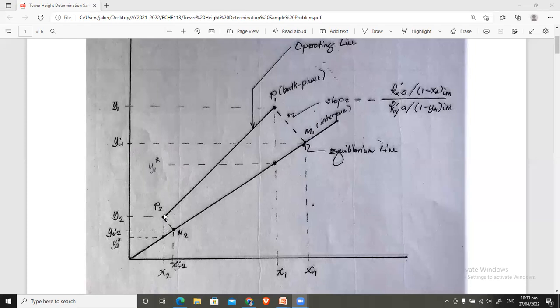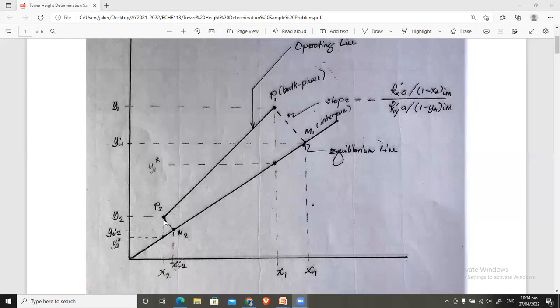Now we can have the same procedure done for bulk phase 2. If we project the point directly vertically down on the equilibrium line, we will have Y sub 2 asterisk for its equilibrium gas phase concentration.